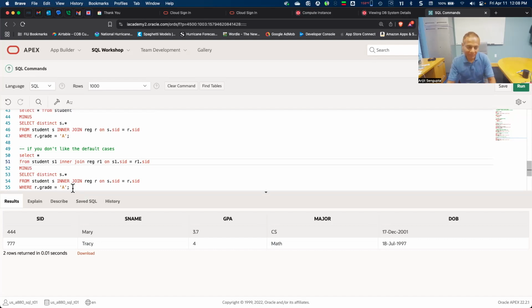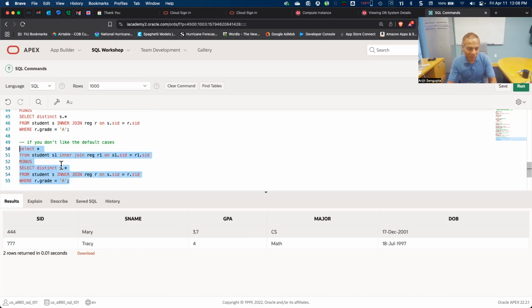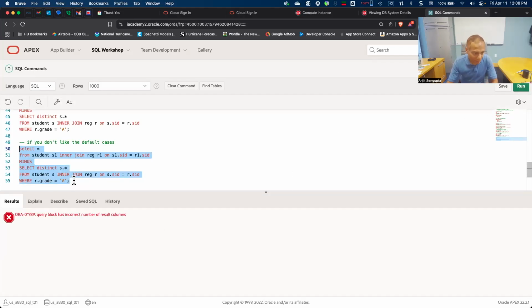So that's why it's always good, whenever you're giving an alias to a table, to use a different alias than one that you have already used in that query. So if I run this, what did I miss? R1. Oh, sorry.